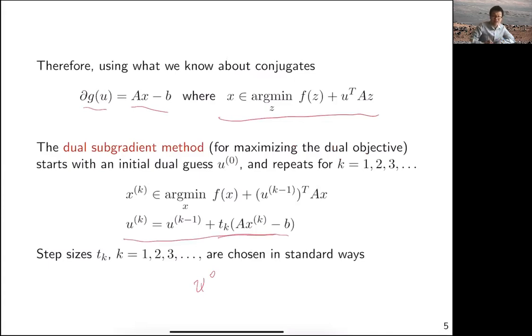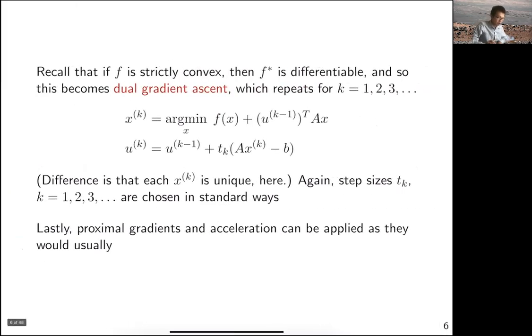Since this is just a standard gradient ascent or gradient descent, if you minimize this g of u, then all the tools and techniques that we know about gradient descent would naturally apply here. Specifically, if the original function to minimize f is strictly convex, then we know that f star is differentiable, right? And then this becomes a gradient descent.